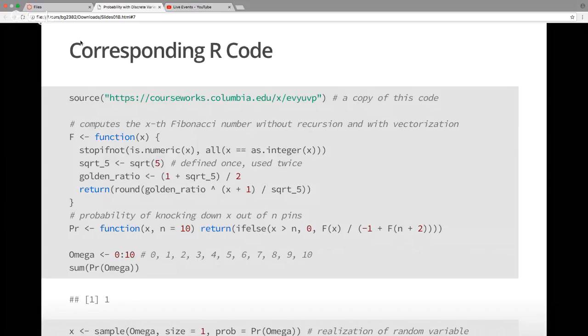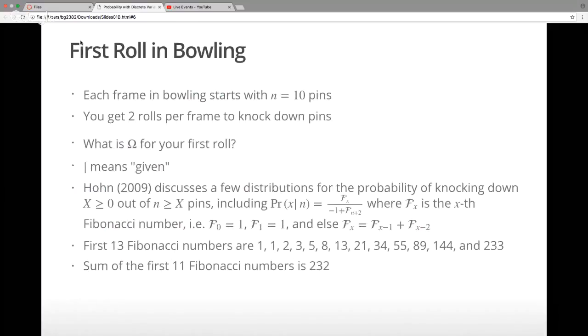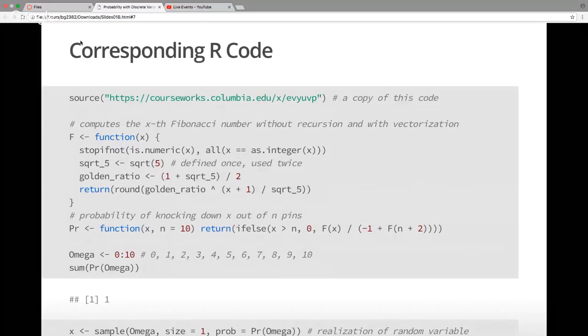Next, I define another function, which I call PR. It takes two arguments, x and n, but n defaults to 10, and it's going to return the ratio on the previous page. So f of x divided by -1 plus the n plus 2 Fibonacci number.